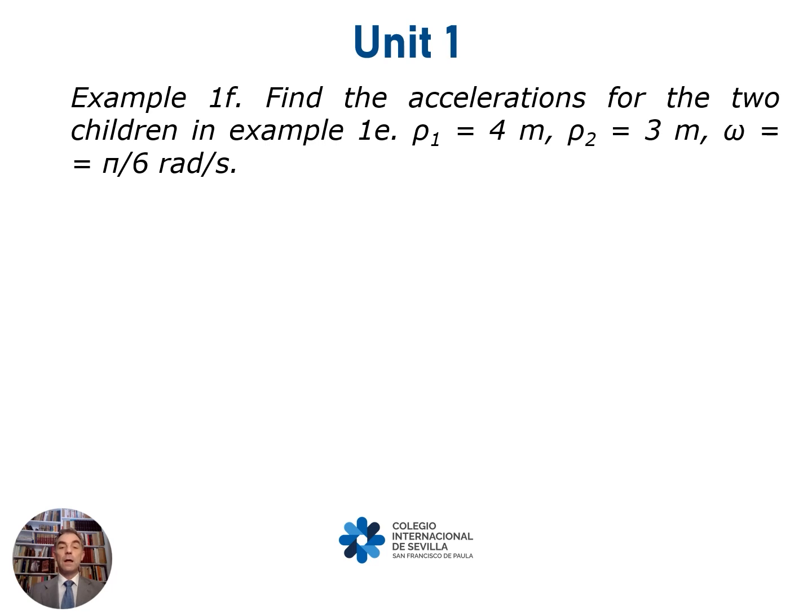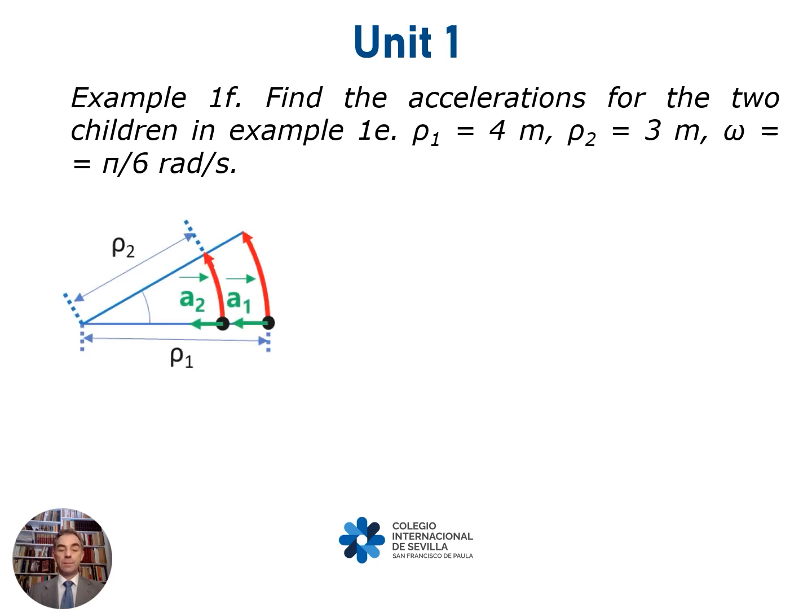First of all, as always, we will draw a scheme. We have A1, acceleration 1, acting upon child 1, and A2, acceleration 2, acting upon child 2. We know that the normal acceleration equals the square of the angular speed times the radius.